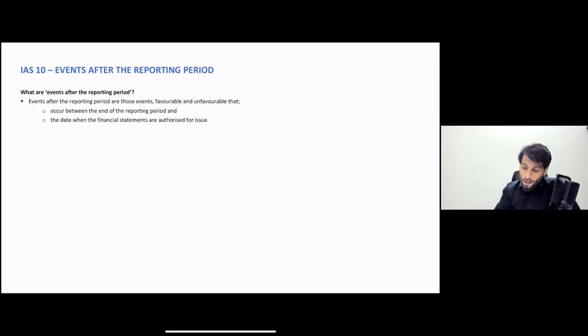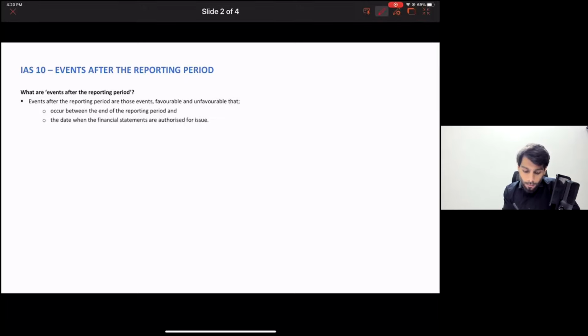If you see here, it's written that events after the reporting period are those events, mind you, either favorable or unfavorable. I've seen many people who feel that only those events which are unfavorable, due to prudence, should be reported in our financial statements, even if they occur beyond our current accounting period.